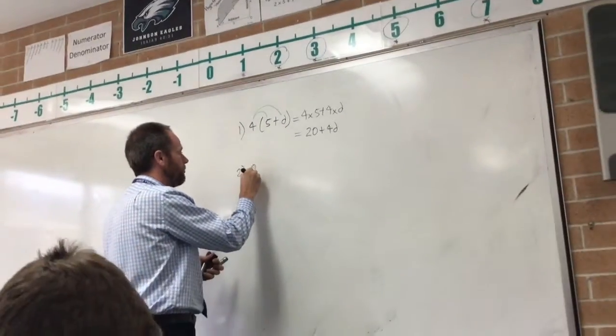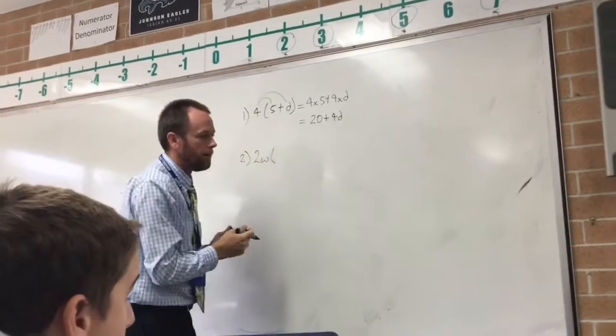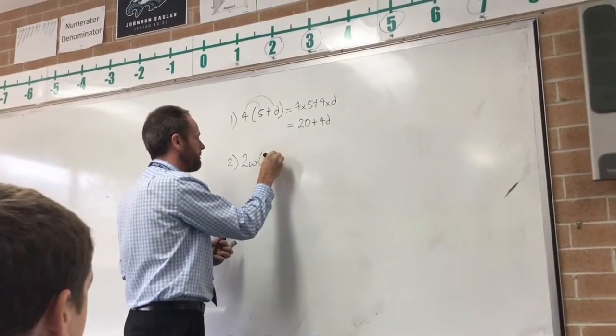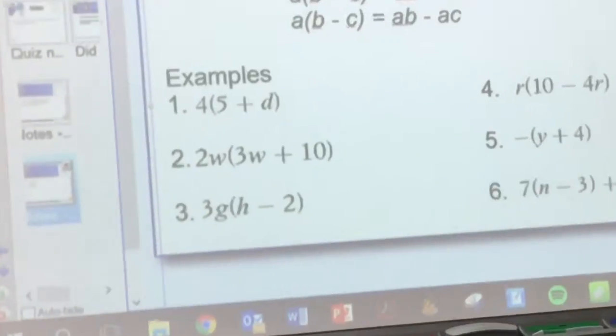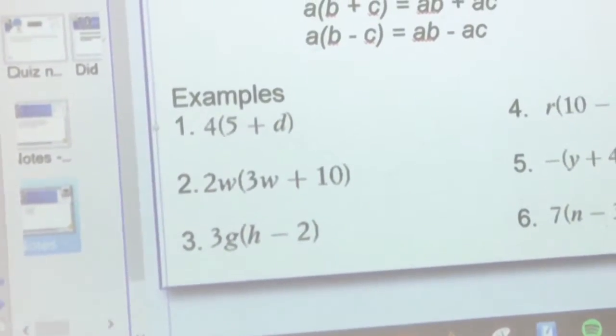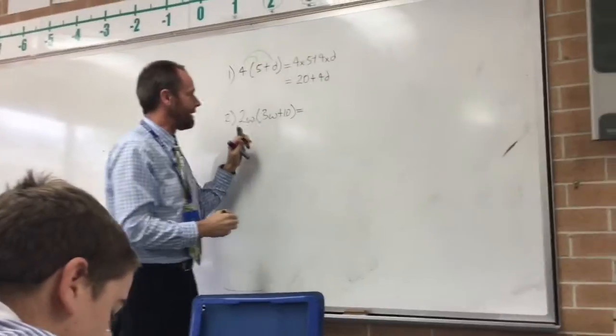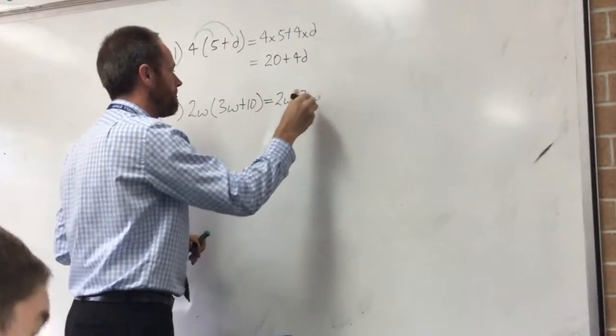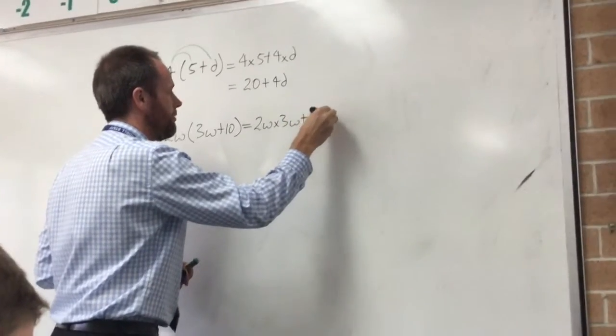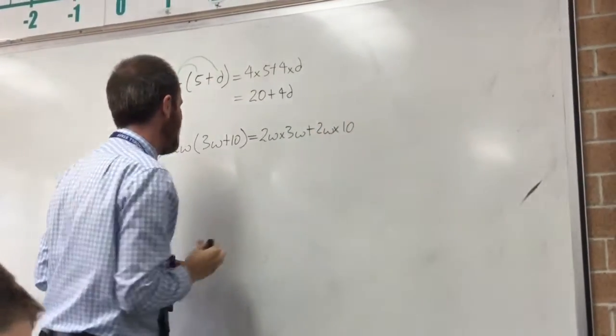This next example, we have a variable with the number out the front. So we have 2w multiplied by, inside the brackets, 3w plus 10. Again, to show the working, 2w times 3w plus 2w times 10.